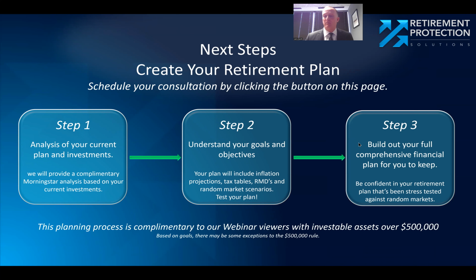And step 3, when we've built out that plan, we're going to drill down into it with you to make sure it's the way you want it, based on your goals and based on your risk profile. Fiduciary responsibilities, right? We've got to diversify you based on your goals, not what we think would be good. Okay. We will make recommendations, of course, but we want it to be able to meet your goals.